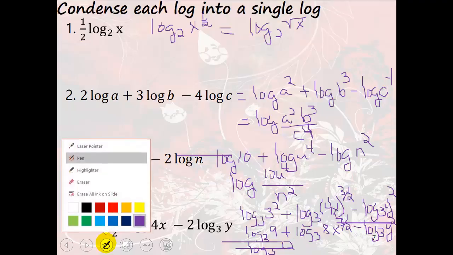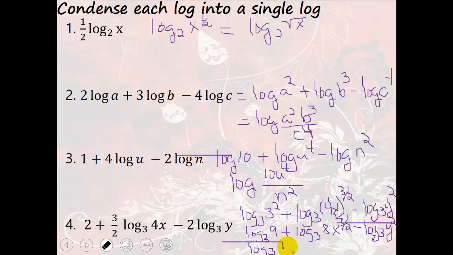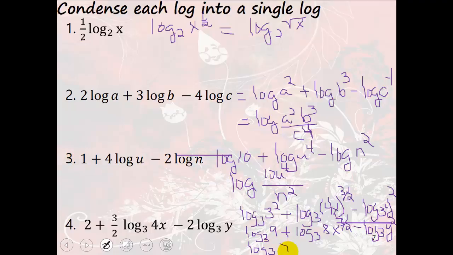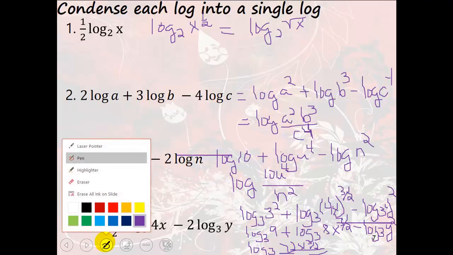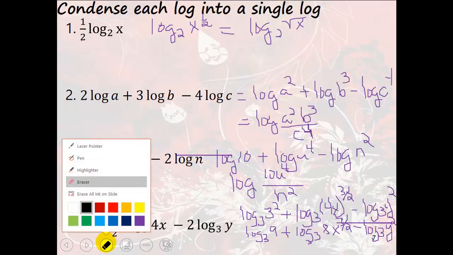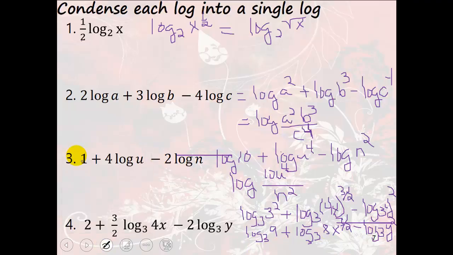Oof, just too tight for me to fit in here. 72x to the 3/2 over, oh, I can't even read that. I don't even know where to go. Sorry, I'm wasting your time here. All right, I'm going to go up here.